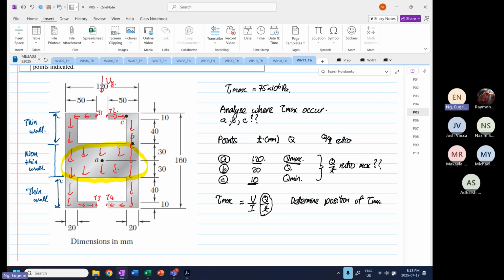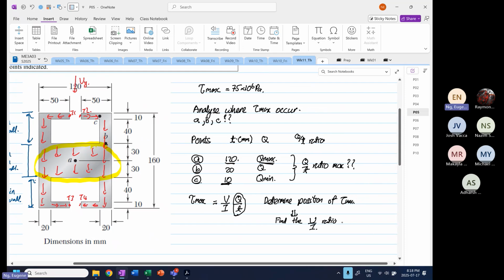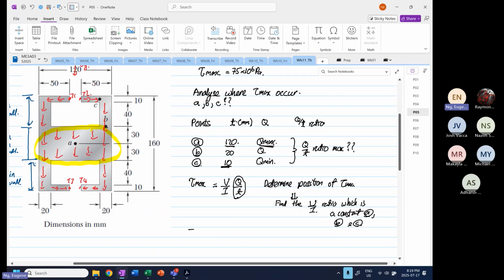Only after determining the position of tau max can you find the V over I ratio, which is a constant at point A, point B, and point C. Then you can find the shear stress at point A, point B, and point C, because you have the V over I ratio.